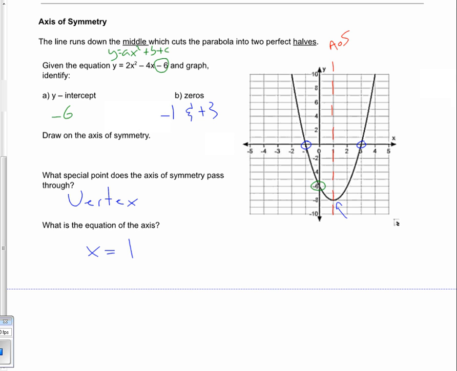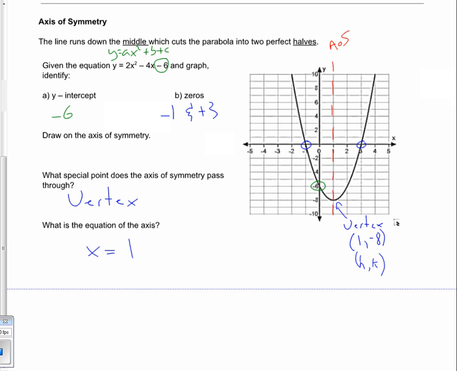In this particular situation, the coordinates for our vertex are (1, -8). Okay? And again, the vertex, as we know from vertex form of an equation, is the same as the h, k value. So the axis of symmetry always passes through the x-coordinate of the vertex.